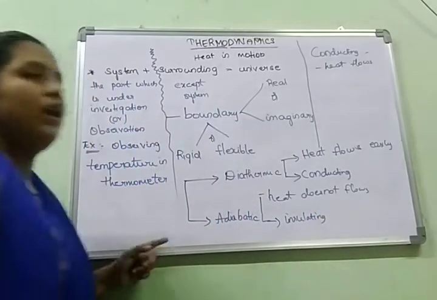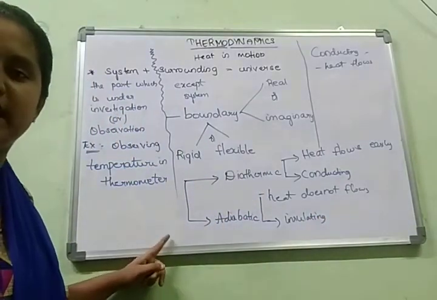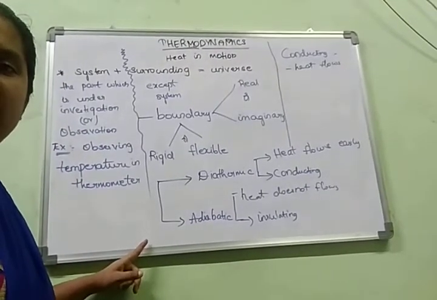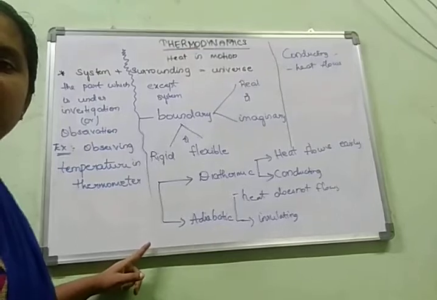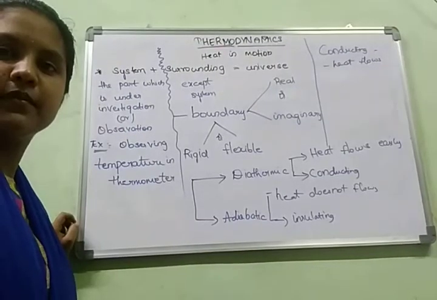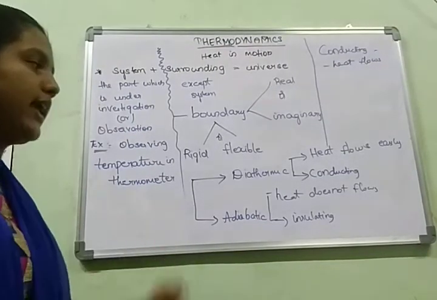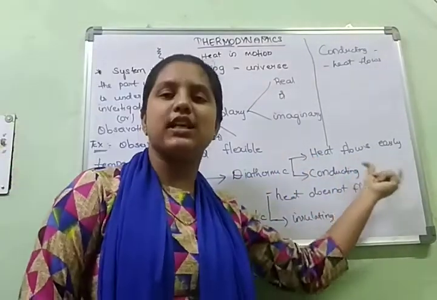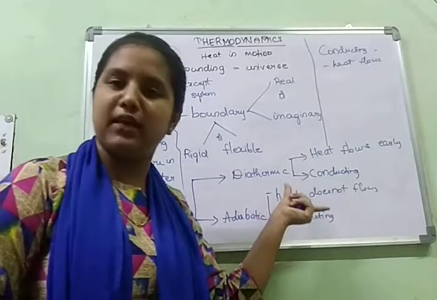Are you understanding this? Is it clear? I said conducting and insulating. Diathermic, in which heat flows easily, is made up of conducting material.